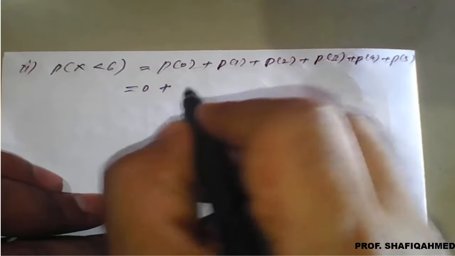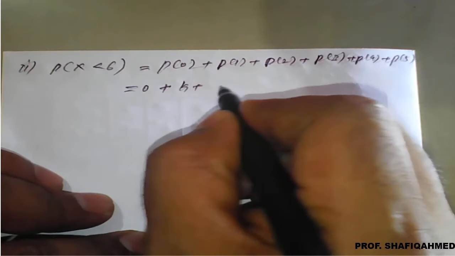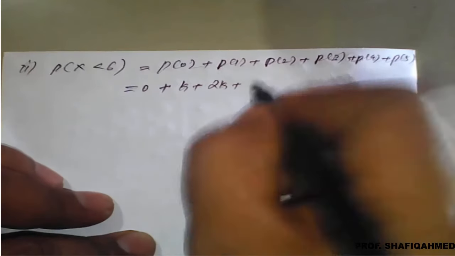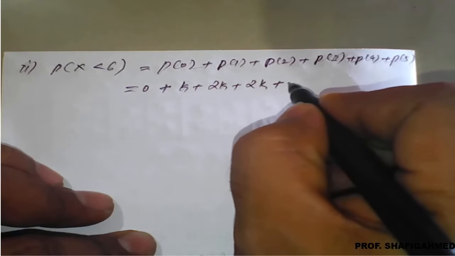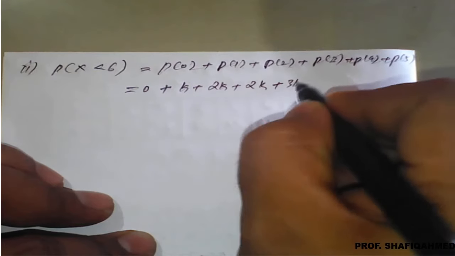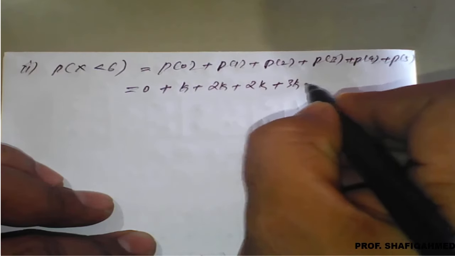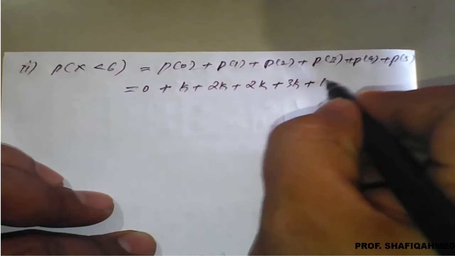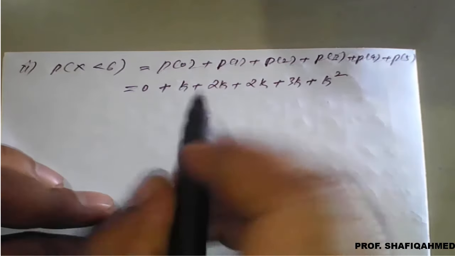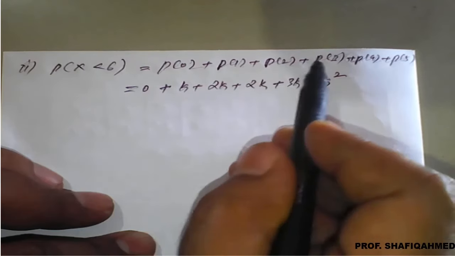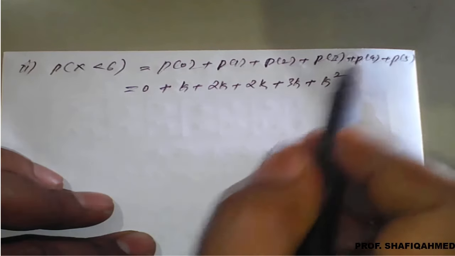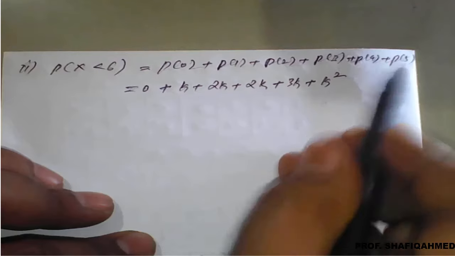P of 1 is k, P of 2 is 2k, P of 3 is 2k again, P of 4 is 3k, and P of 5 is k square. Okay, so P of 0 is 0, P of 1 is k, P of 2 is 2k, P of 3 is 2k, P of 4 is 3k.